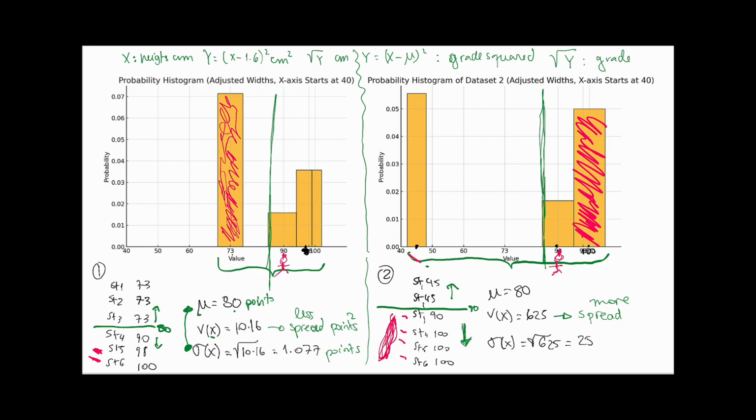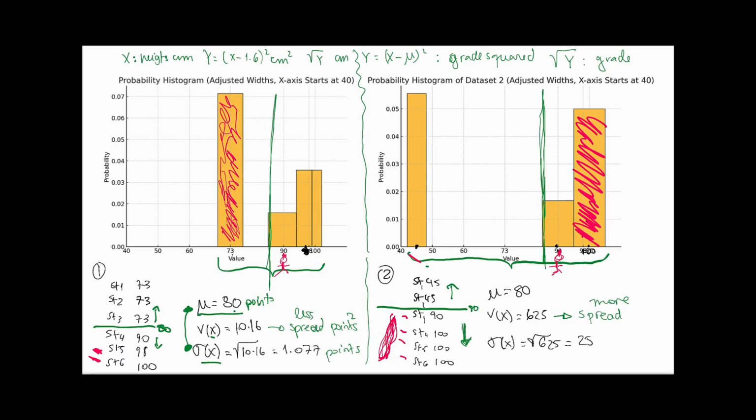So the height of a kid is a mean of 80 with a standard deviation of 1.077 centimeters. It's easy to understand. That's how you calculate it, and that's the meaning of the standard deviation.